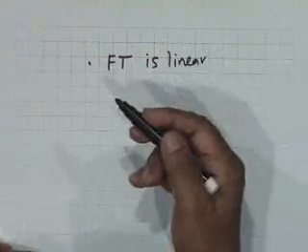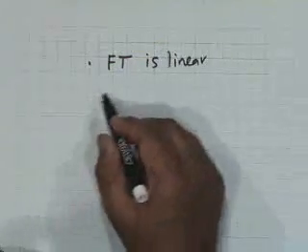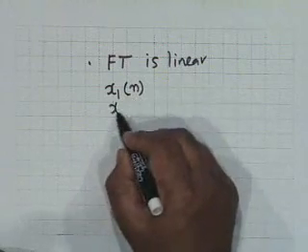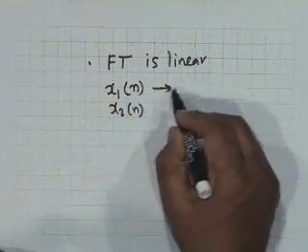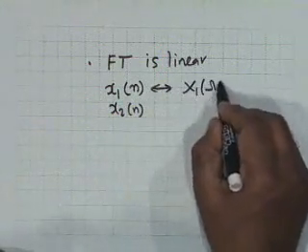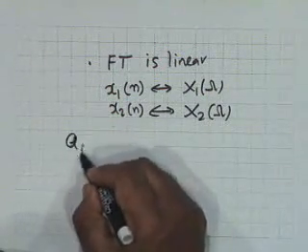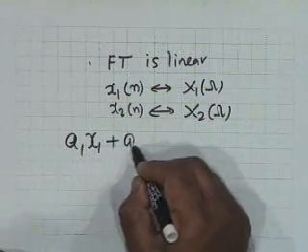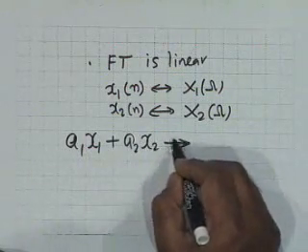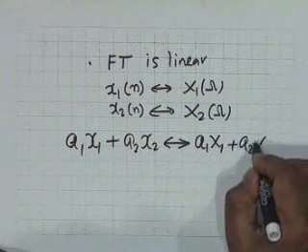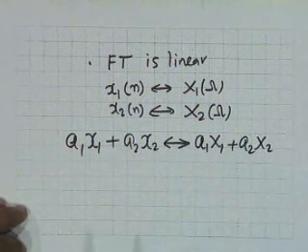Stated in precise terms, it means that if x1 of n and x2 of n lead to capital X1 of omega and capital X2 of omega, then A1 x1 of n plus A2 x2 of n when transformed shall give you A1 capital X1 plus A2 capital X2. This is the linearity of operation.